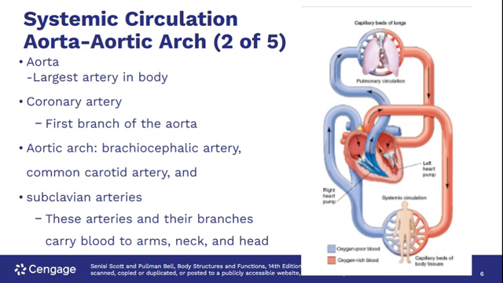The descending aorta, that's once you go over the top of that arch, goes through your thorax and your abdomen. So you're carrying oxygenated blood to the body. And these branches go to the body wall, stomach, intestine, liver, pancreas, spleen, kidneys, reproductive system, urinary bladder, legs, and so forth.